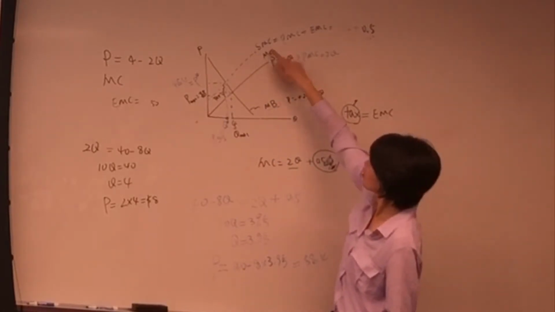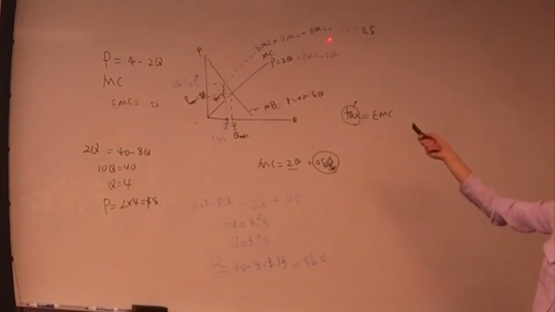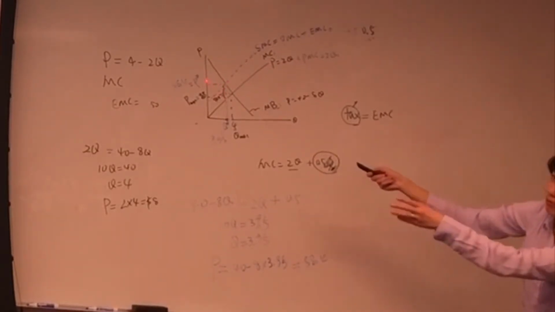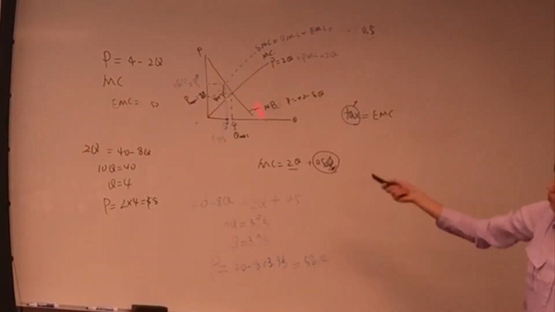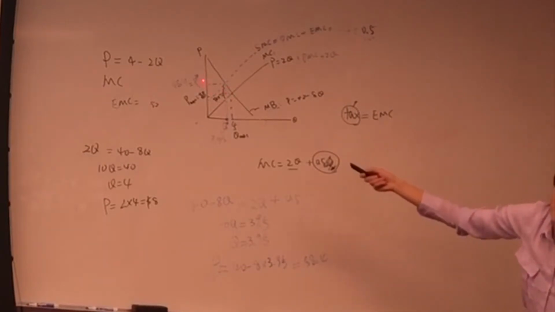So social marginal cost is private marginal cost plus external marginal cost, which is 2Q + 0.5. It's exactly the same as the earlier question, so you can solve for Q star and P star.